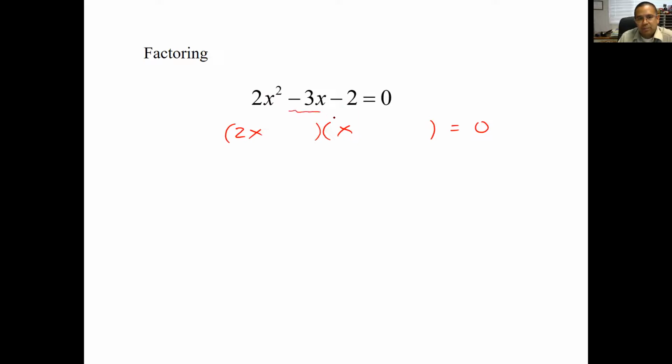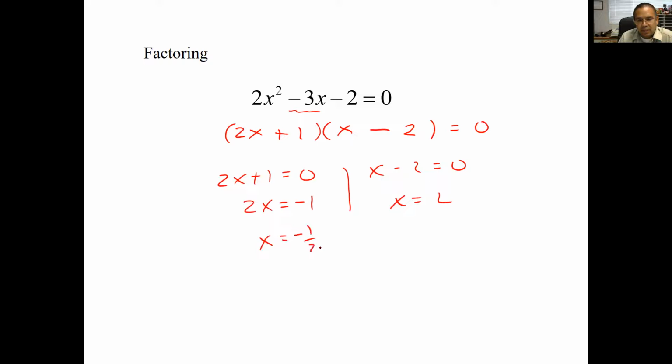But I want -3. So I'm going to put a 2 and a 1. So 2 times 2 is 4. So -4 plus 1 gives me -3. 2x plus 1 is 0, or x minus 2 is 0. So you move the 1 over, so 2x equals -1. Here we get x is 2. So here x is -1/2.